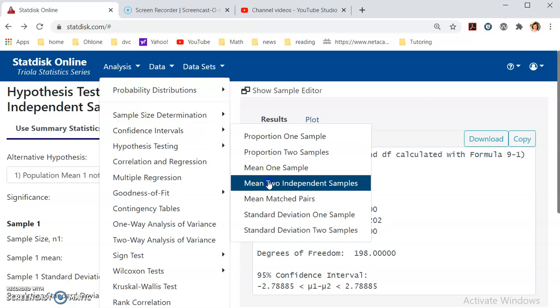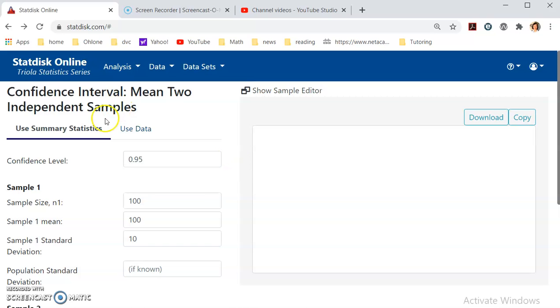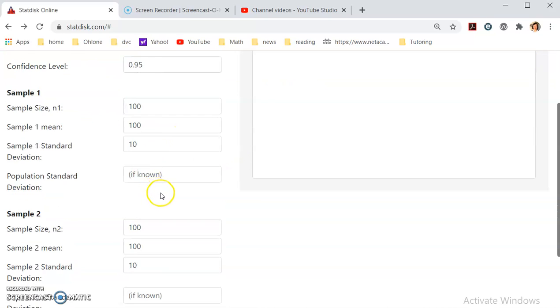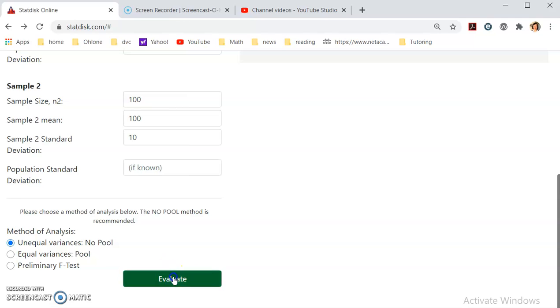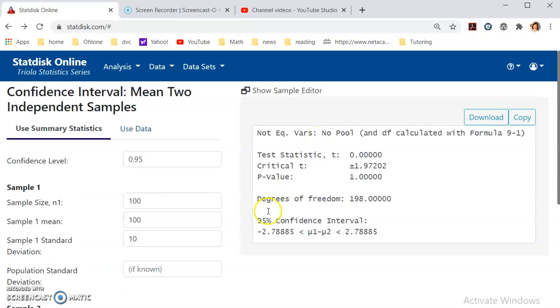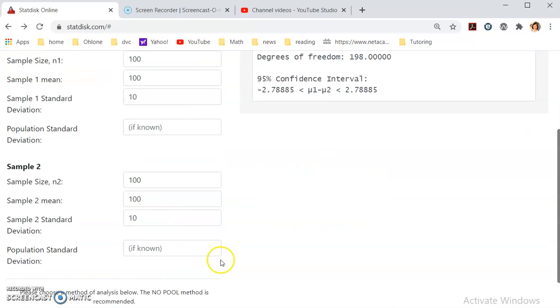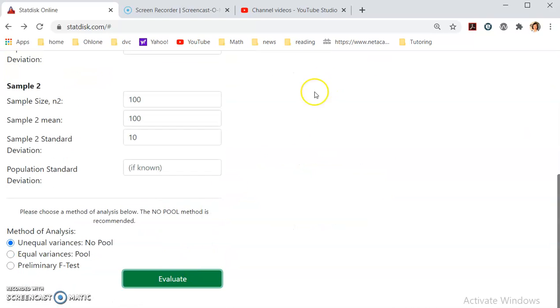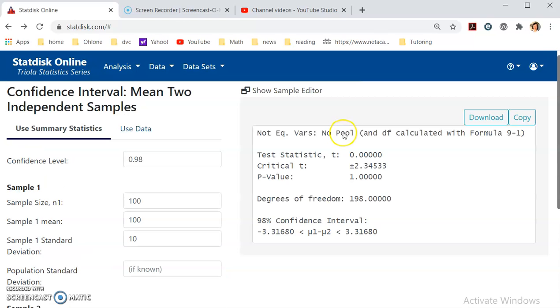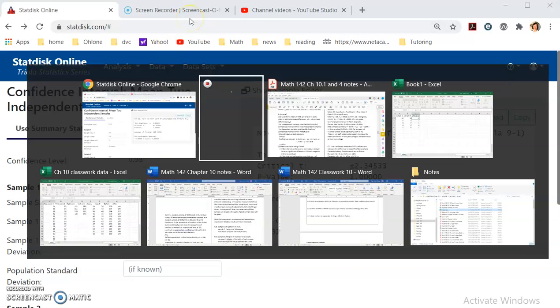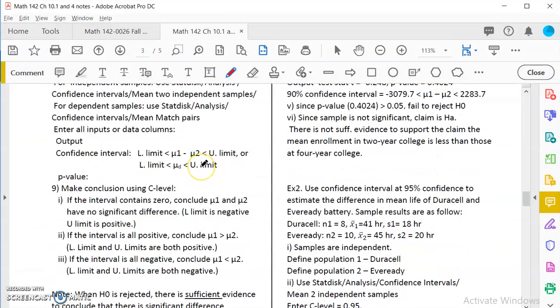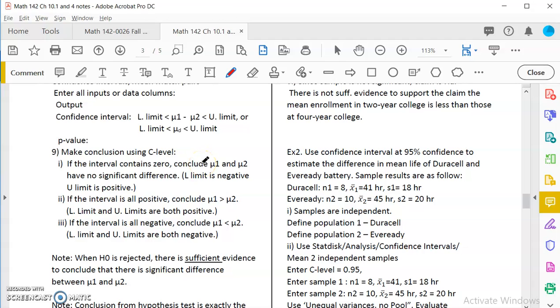There is a mean, two independent samples option also. You can use data or statistics, and then you evaluate. So you can get whatever you want. If I want a 98%, you can run it, and they produce another confidence interval for you, so you can control the C level. Otherwise, you can use the one from the hypothesis test.